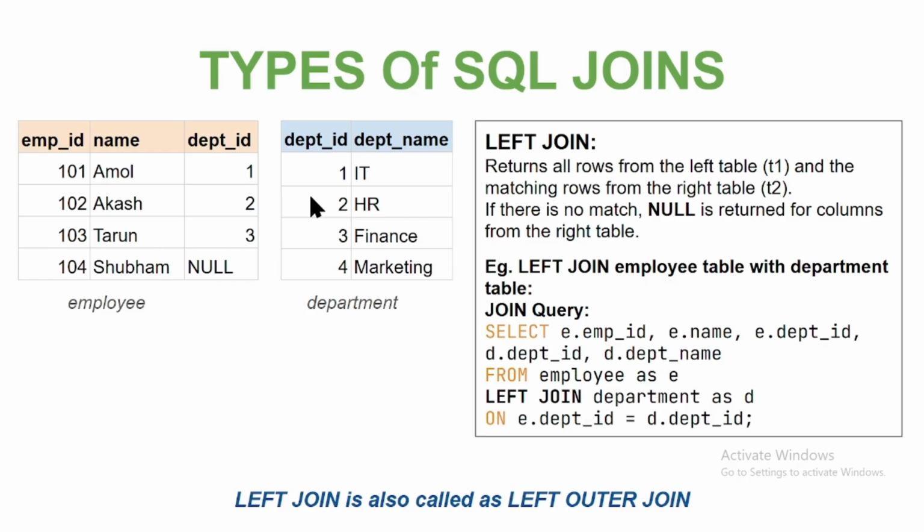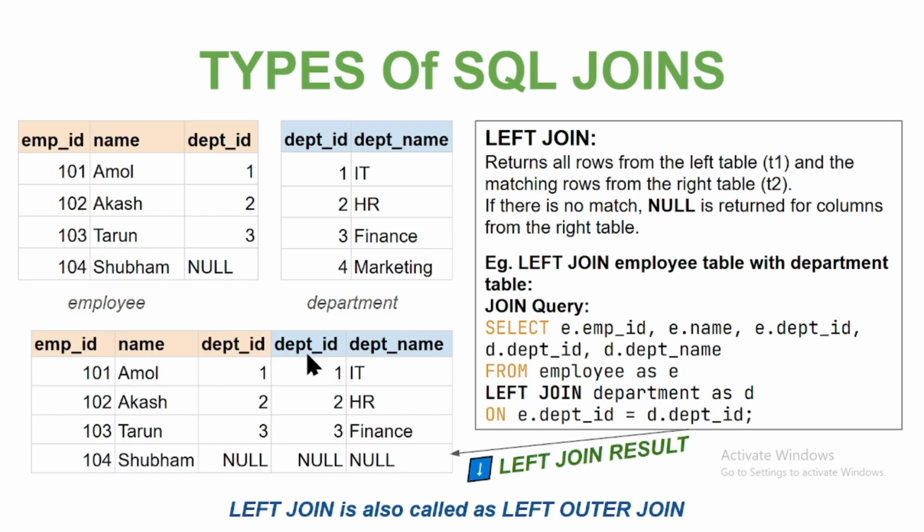If we are joining these two tables, then what will be the result, guys? Let's see the result. This will be your left join result. When we perform the left join, we get all rows from the left table. Yes, Amol, Akash, Tarun came with department IDs 1, 2, 3, and then Shubham also came, with null.